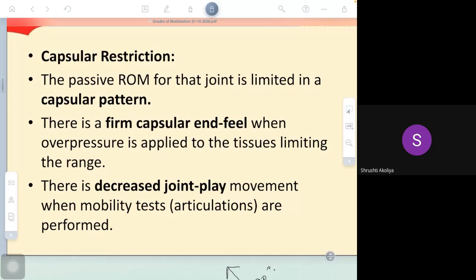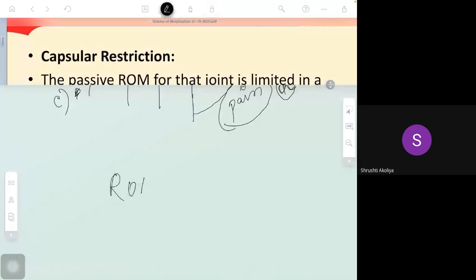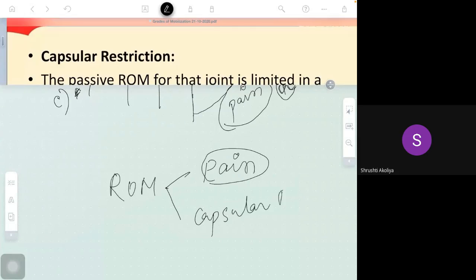Already we discussed range of motion. Range of motion will be restricted because of two major reasons. One is pain, which we just discussed, and second is capsular restriction. So these are the two major reasons.